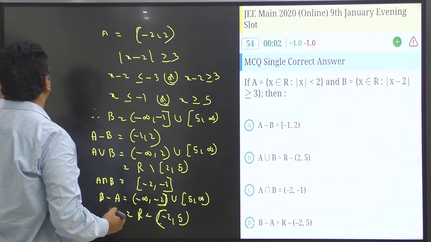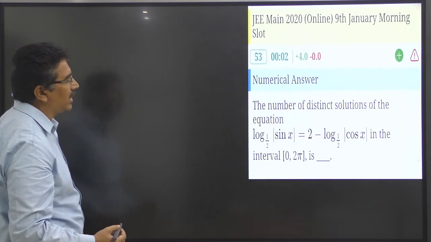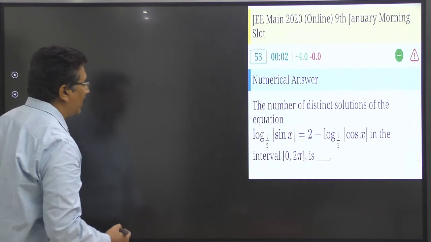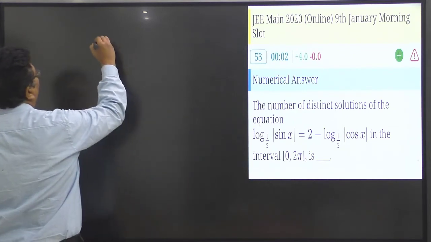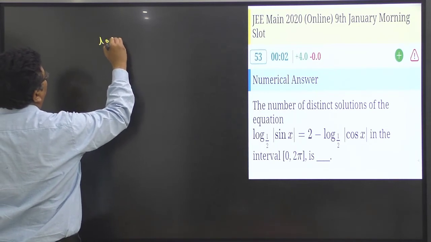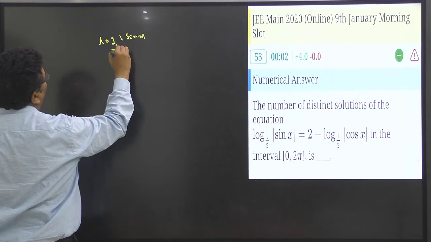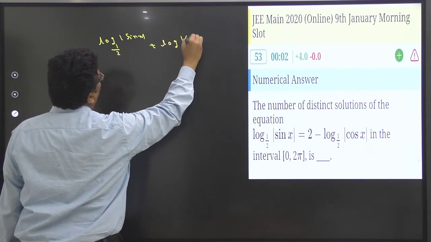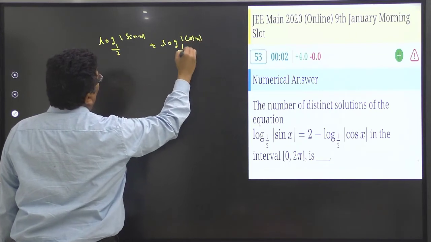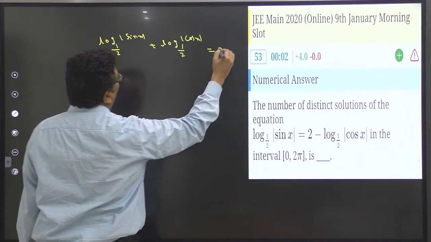Now let us see the number of distinct solutions of the equation. Write the logarithms on one side: log base 1/2 of mod sin x plus log base 1/2 of mod cos x is equal to 2.